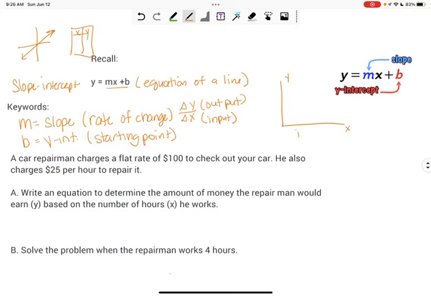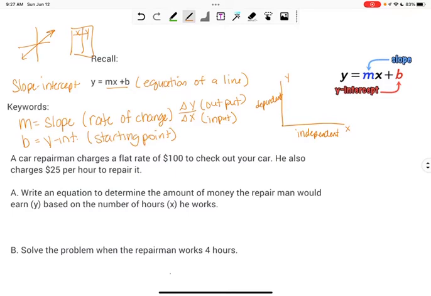Our x value was always our independent variable, and our y was our dependent. So just these different concepts that we've already talked about. And all of this, we're going to combine to make our word problems make sense.